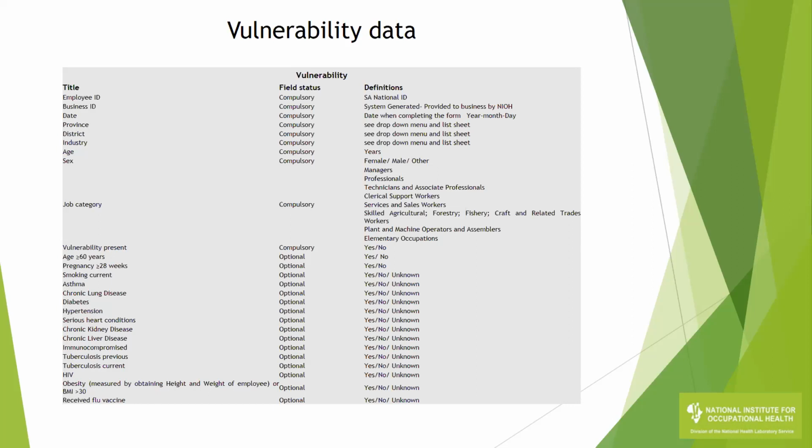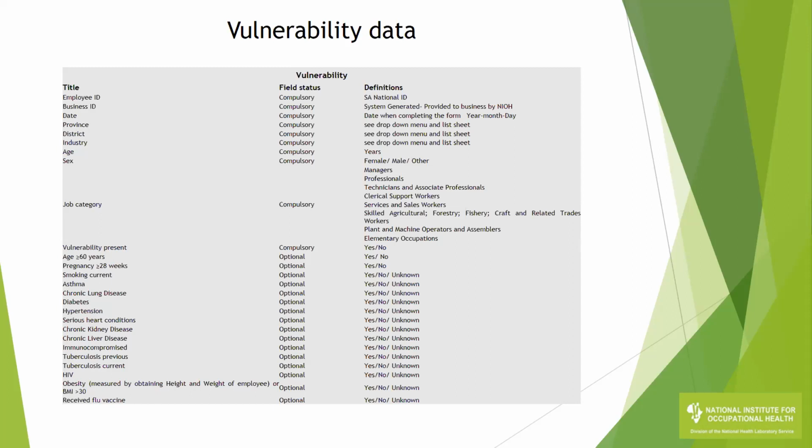And should the employee or the employer want to claim compensation for the employee, they would have to have this correct ID number registered with the Department of Labor. And then business ID, the same business ID that was generated upon registration, date, province, still the same information as we have discussed in our previous slides. Job category, still the same information, and still compulsory.